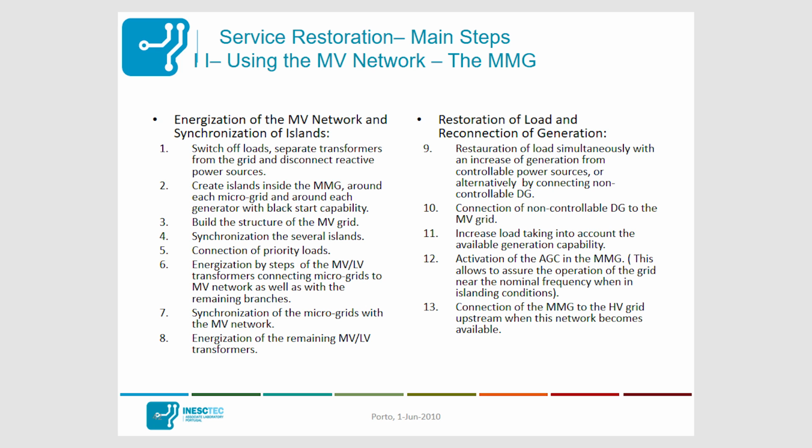So assuming that it is possible to restore the service at the level of the microgrid, afterwards it is possible to transpose to the level of the medium voltage network an islanding operation, in the same manner, with the same approach.